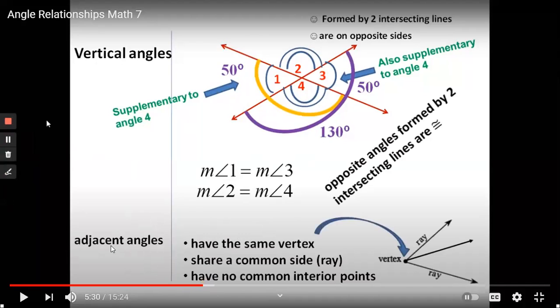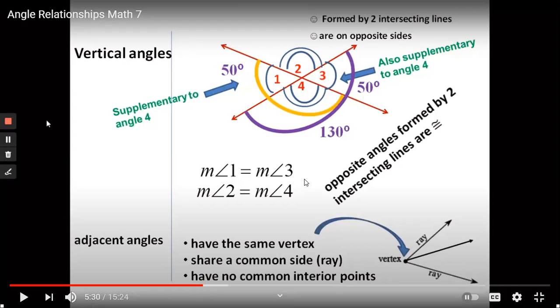Now we will talk about adjacent angles, and we want to concentrate on adjacent angles. To talk about adjacent angles, we have three conditions. We started with complementary, when we add them together equal 90; supplementary, when we add them together equal 180; vertical angles, which are formed by two intersecting lines, so each two opposite angles are equal in measure.